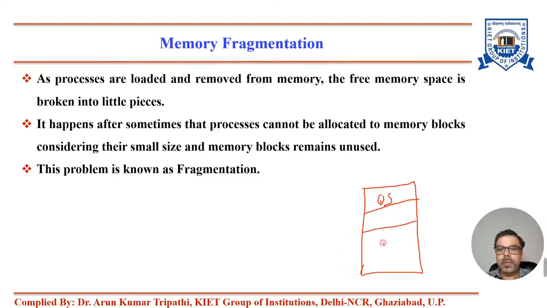Now I have three partitions in which processes P1, P2 and P3 are residing, and these have 200 MB, 300 MB and 400 MB of space. When process P1 completes, it is removed from the memory, and there is a hole of 200 MB.